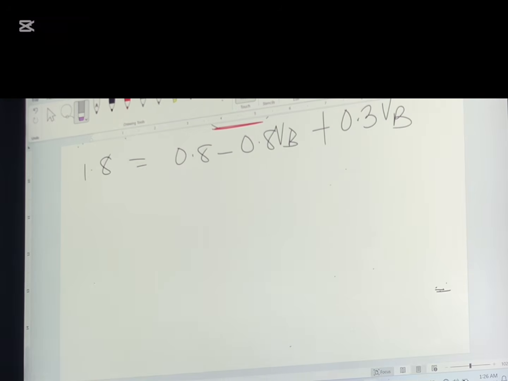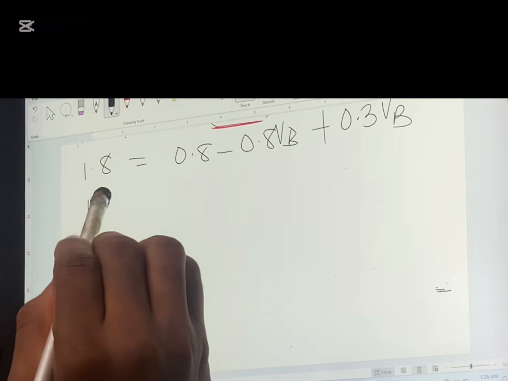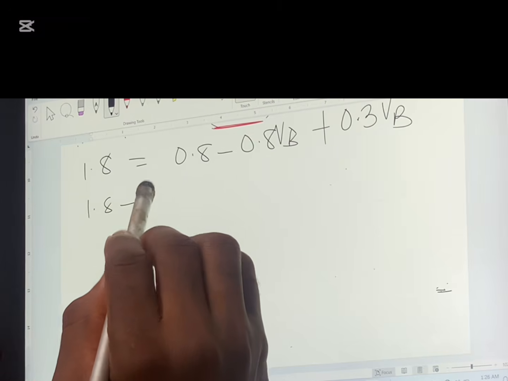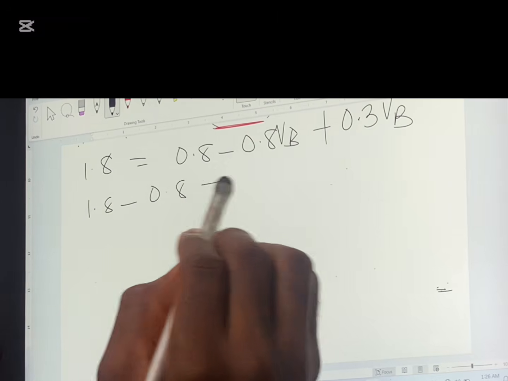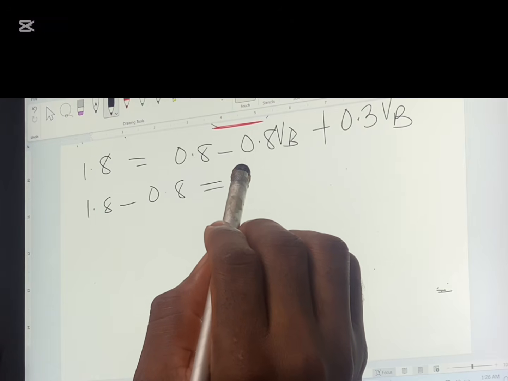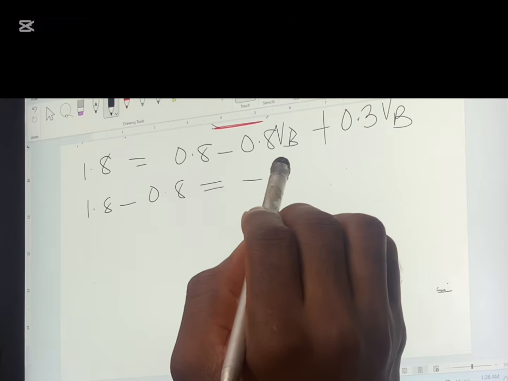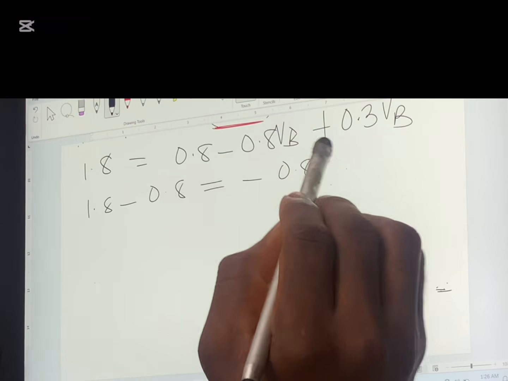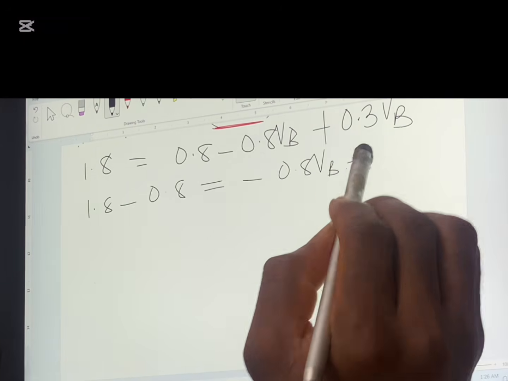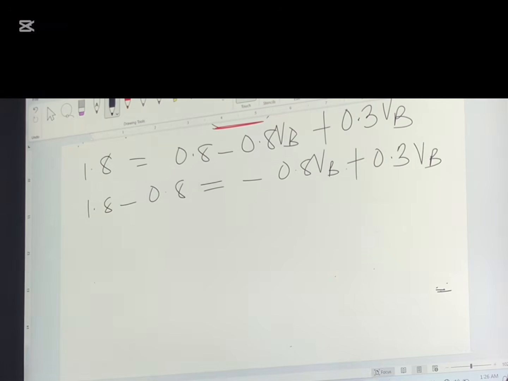Now class, if you take like terms here, I will have 1.8 minus 0.8 is equal to minus 0.8 VB plus 0.3 VB. Please take note, okay?